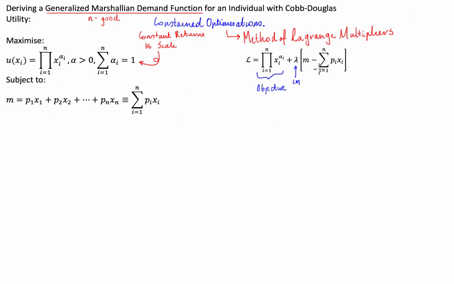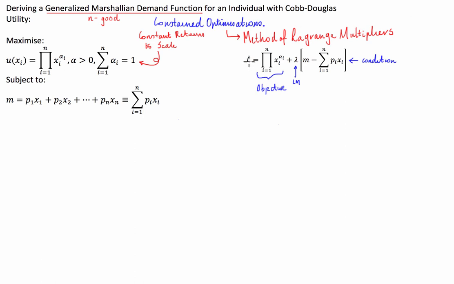You can see that here's our income minus the sum of all of the goods that we buy. So it links the objective and our boundary condition together in one function. Now what we want to do is maximize the Lagrange function.